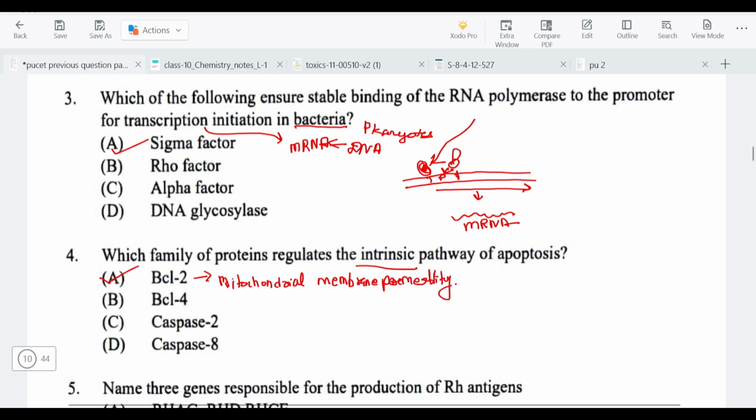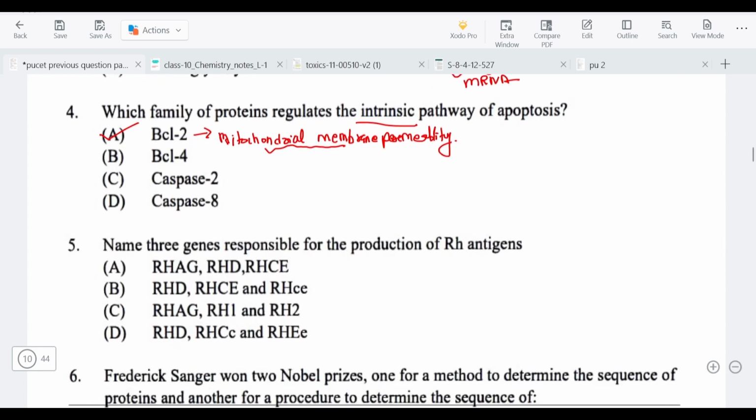Why? Because apoptotic factors like caspases are located inside the mitochondria, and when the mitochondrial membrane becomes permeable for these, apoptosis will occur. So this BCL2 family regulates the intrinsic pathway of apoptosis.